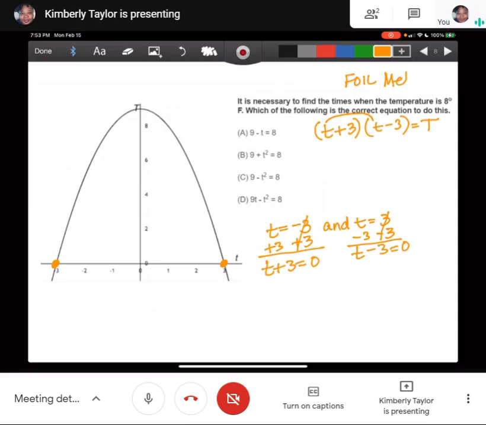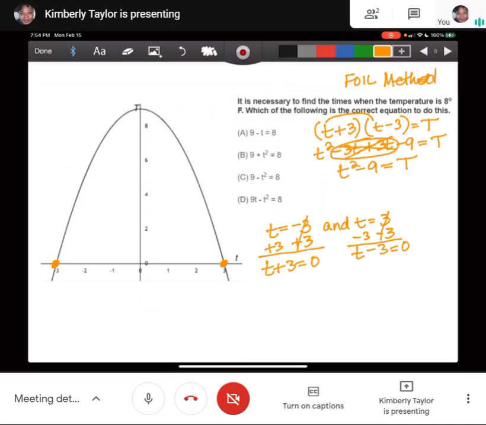We usually don't call it that nowadays, but we do the FOIL method, the first, outer, inner, and last. So this would be t squared minus 3t plus 3t, and then minus 9 is equal to capital T. And so this middle part here gets me a 0, so I could cross that out. So I'm left with t squared minus 9 is equal to capital T.